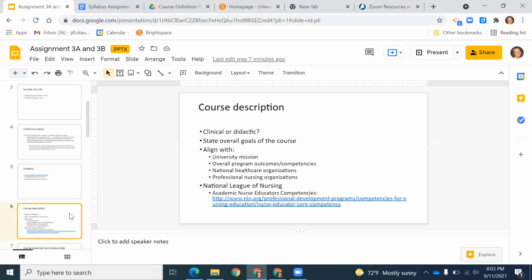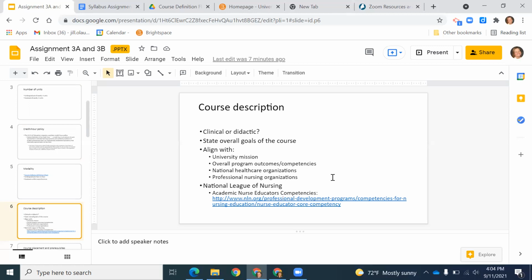So, for example, if you're going to be a Master of Science in Nursing, you would meet the level 2 competencies for becoming a nurse, and also the National League for Nursing academic nurse educator competencies.